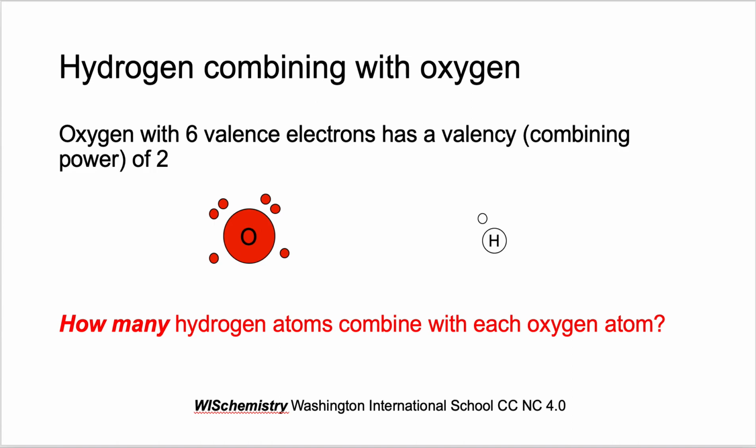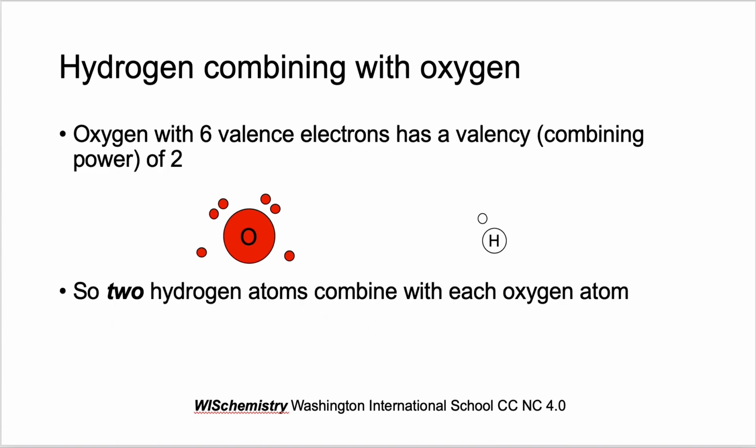And then if we look at oxygen, having 6 valence electrons, how many hydrogens are going to combine with each oxygen atom? And pause while you think about that answer. So we're going to want oxygen to have an octet. So oxygen with 6 valence electrons needs to share 2 electrons, one from each of 2 hydrogen atoms.